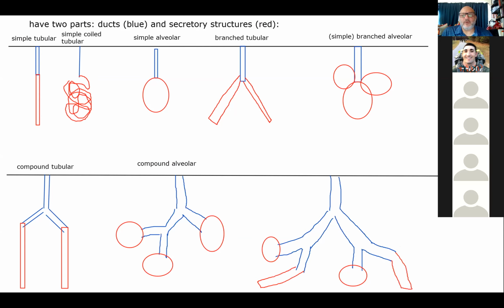So what do you think we would call this one? Well, 2 or more ducts, 2 or more secretory structures, so definitely compound. That's the easy part because it's definitely 2 or more of each.